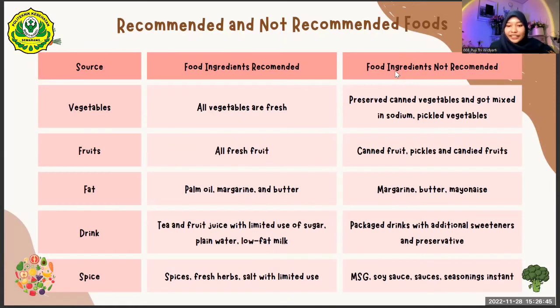And then not recommended is vegetable drinks with additional sweeteners and preservatives. And then the last is spices. Recommended spices are fresh herbs and salt with limited use. And not recommended is MSG, soy sauce, and salt seasoning.